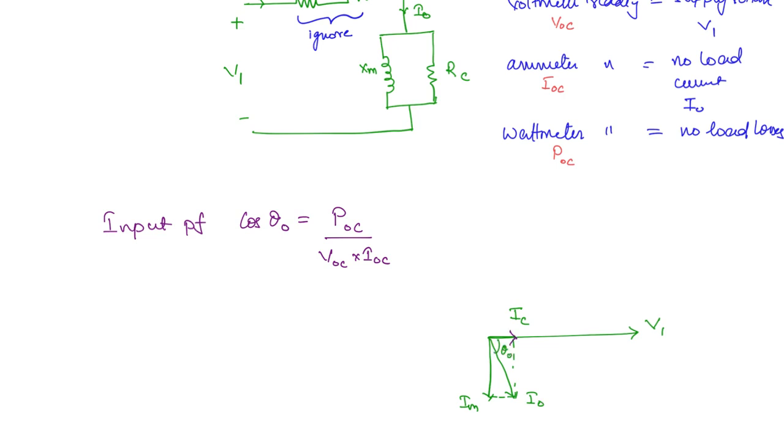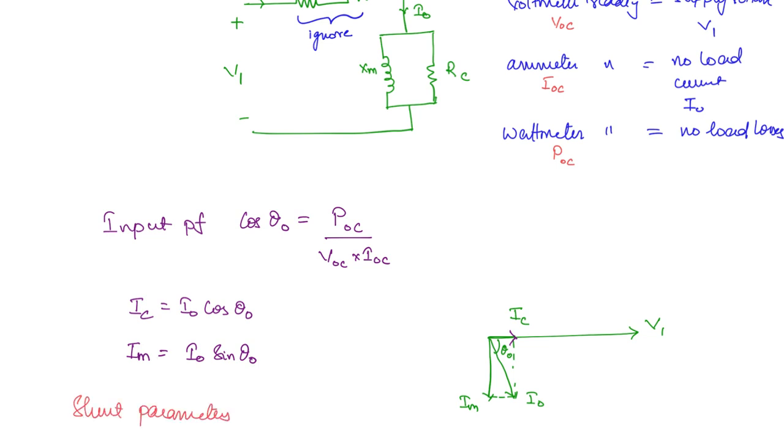So what will be IC? This is going to be I naught cos theta naught. We know I naught as well as cos theta naught, so you can get IC. Similarly, the magnetizing current Im is going to be I naught sine theta naught. So this also you can get. Then what will be the shunt parameters?